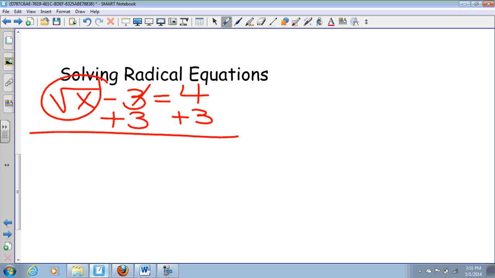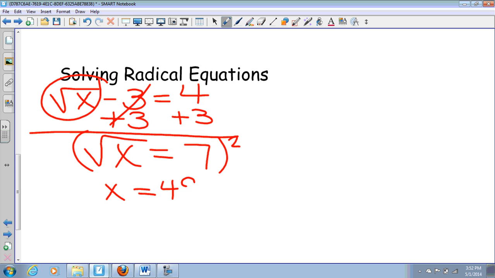That will cancel, and we're left with the square root of x equals 7. Then we're going to do the inverse of square rooting, which is squaring, and we need to do that to both sides. I like to put the entire equation in parentheses. That way I know I'm going to get x equals 49.